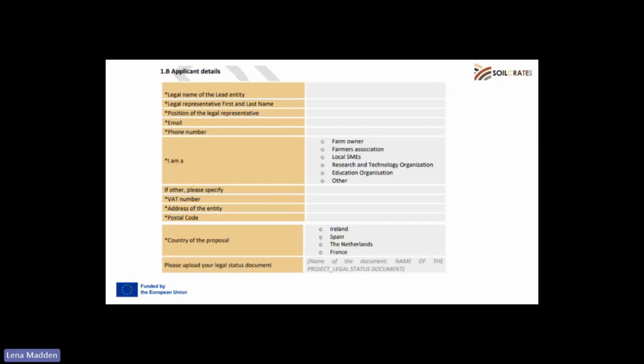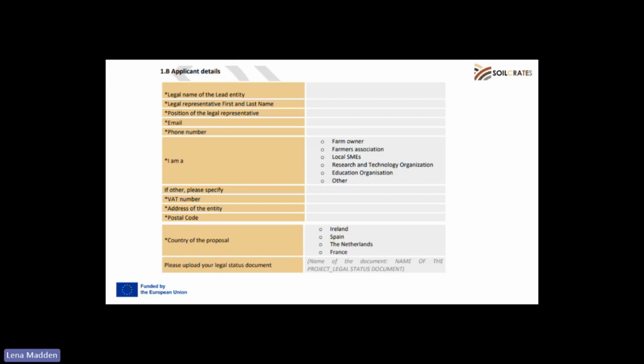Then comes the information about the main applicants: the legal name of the entity, basically the farm name and number probably. If you are a farmer or owner, state your position or that of the legal representative. If you are a farmer owner, just say owner.